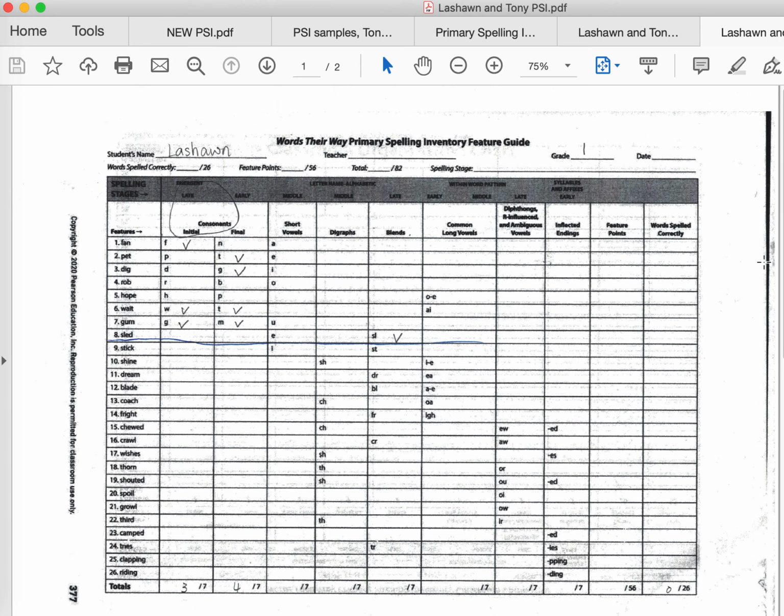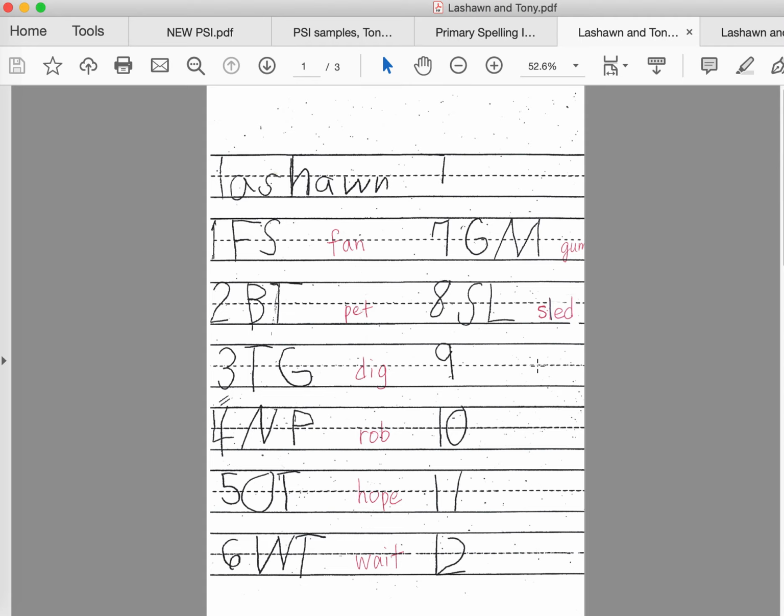We see that he did not correctly represent the initial consonant D. He did write the correct final consonant G, and he did not include the short vowel I. So the teacher recorded a check mark on the feature guide beside G, but not by the D or I.